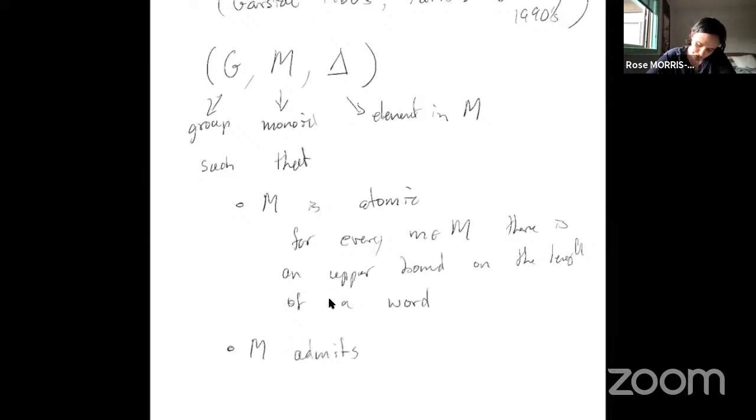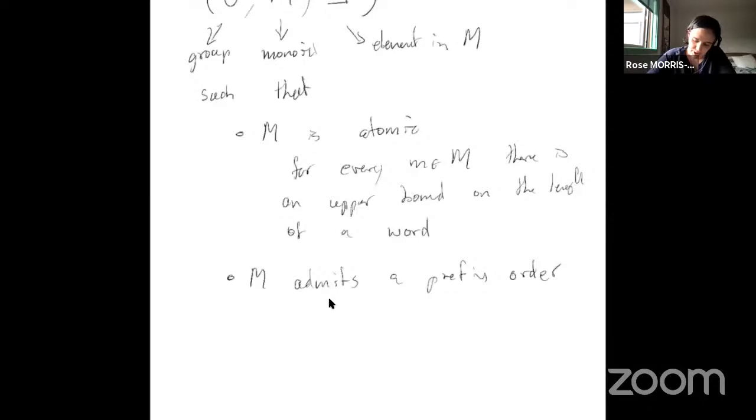M admits a prefix order. We've already talked about why Artin monoids satisfy that. But not only is M going to admit a prefix order, it's going to admit a prefix order such that this order is a lattice.